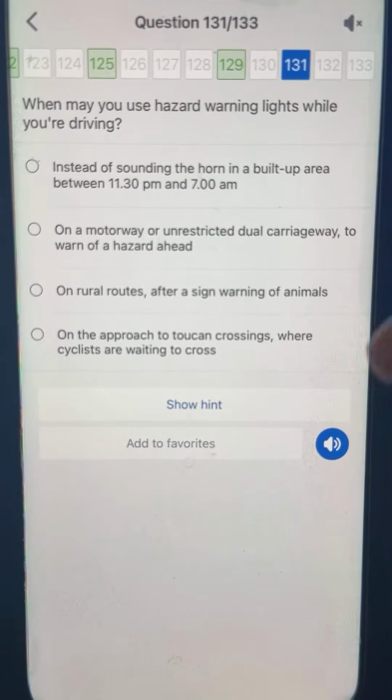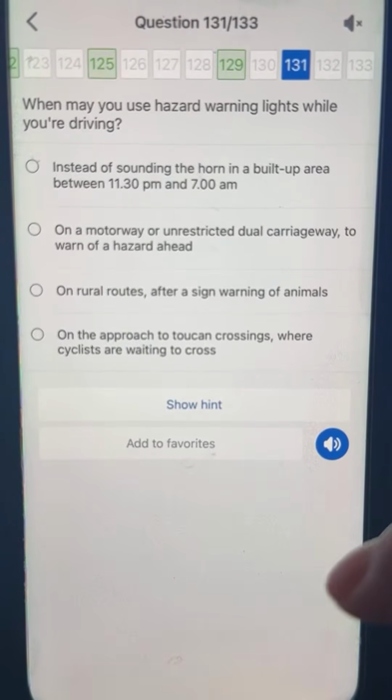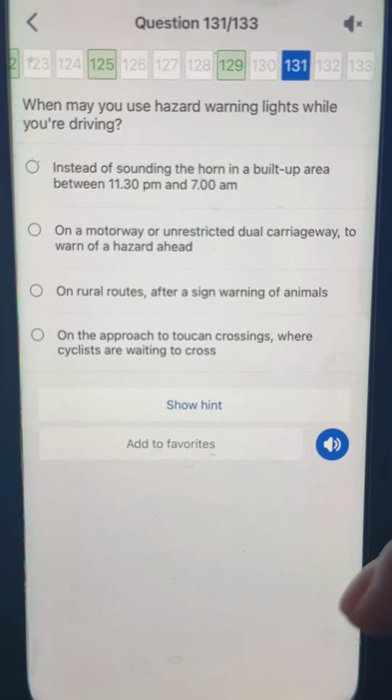The hazard ahead could be an accident, maybe the traffic slowing down suddenly, maybe a box falling from a lorry, to tell other traffic behind you, I'm slowing down because I've seen a hazard. So we use hazard warning lights when we have a breakdown, to tell other traffic I'm having a breakdown, or when driving if you see a hazard ahead and want to warn other traffic about it.